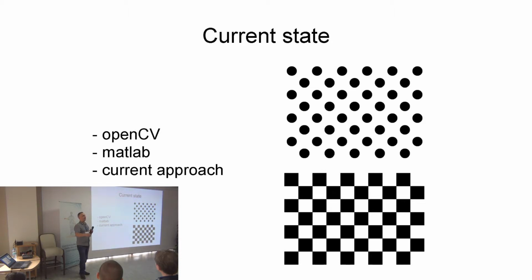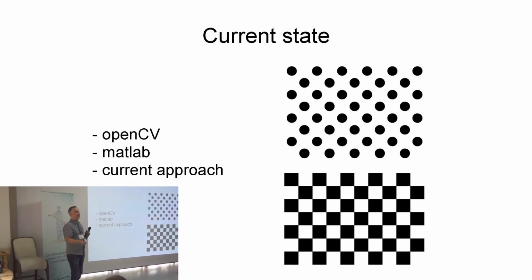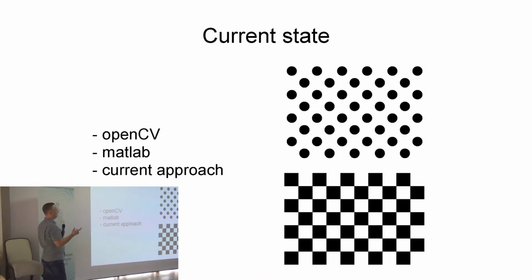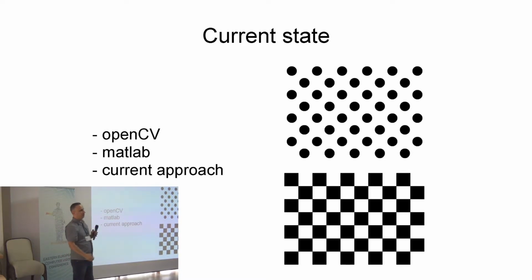It's a Gauss-Newton optimization of camera calibration parameters and extrinsics of the calibration pattern to the camera, positions and rotations of the camera. You can find this approach in OpenCV, MATLAB, and many other computer vision libraries.